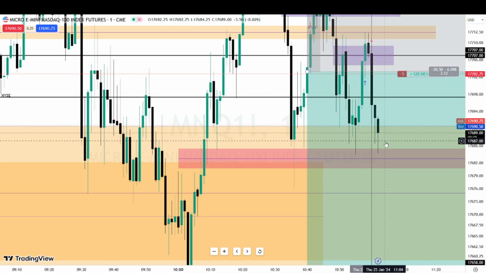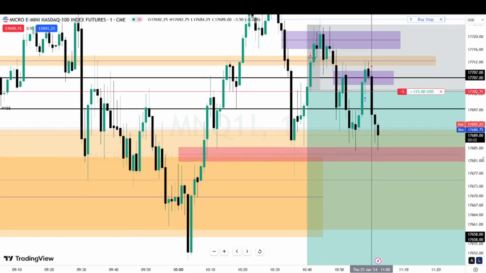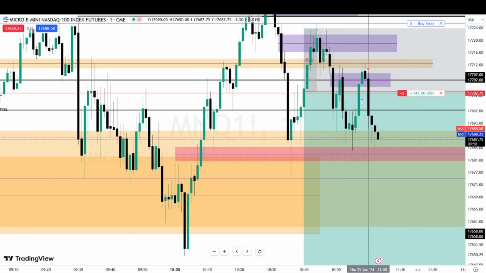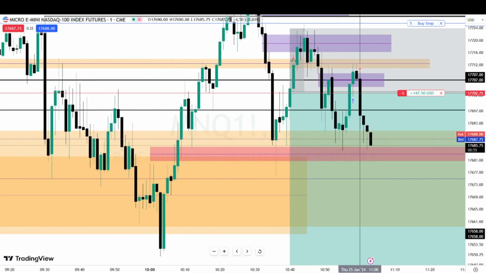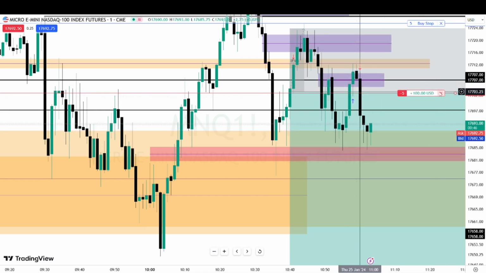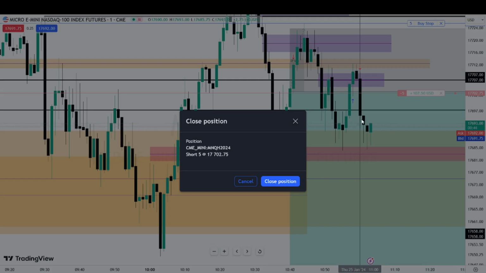Let's see how the market reacts with this fair value gap right here. Let me just take this out right there. After the test of that fair value gap, I want to see the reaction of the candle right there.